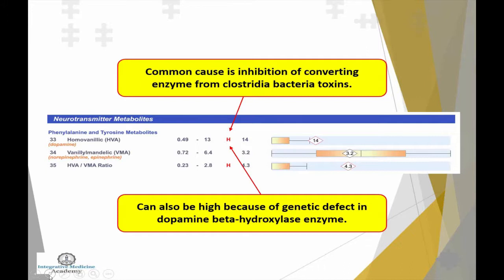And from my understanding, Great Plains will be coming out with a specific test to evaluate the dopamine beta hydroxylase enzyme. I'm not sure when, but that is in the works of happening. It is possible that you could have somebody who has an enzyme defect and on top of it has a Clostridia problem. Okay, you have to test for both, but that scenario could exist.